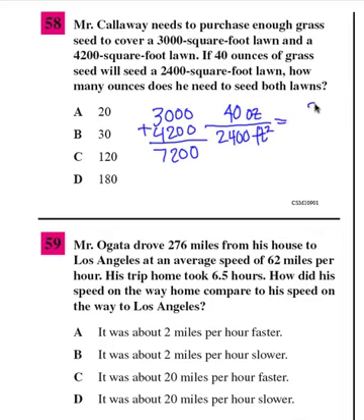Then how many ounces will seed 7,200 square feet? This is going to be this times this divided by this. Let's write it and simplify. 7,200 times 40 divided by 2,400.